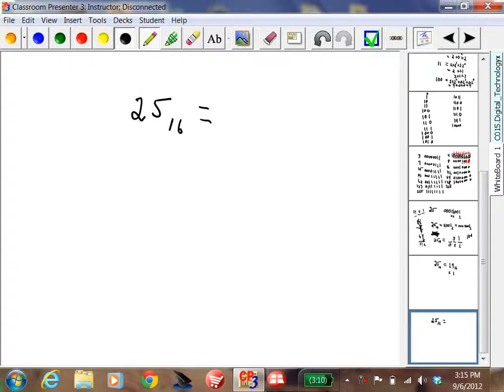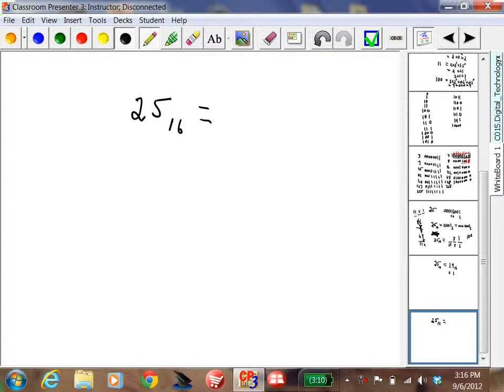Come on, y'all just be moving through this. 25 in hexadecimal, what is it? 2 times 16 plus 5. So you need to get really, really quick. You need to convince your head that this is simple stuff.